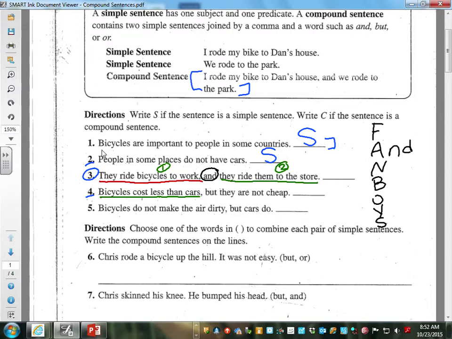Let's look at our second part of our compound sentence. The second thought or complete idea in our compound sentence is what? But they are not cheap. Well, it's they are not cheap. That's our next complete thought. So our first complete thought is bicycles cost less than cars. Our second complete thought is they are not cheap.